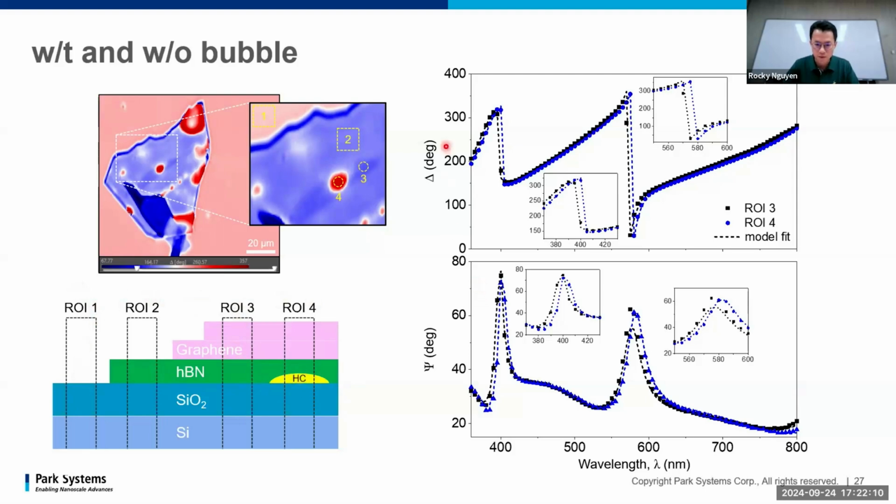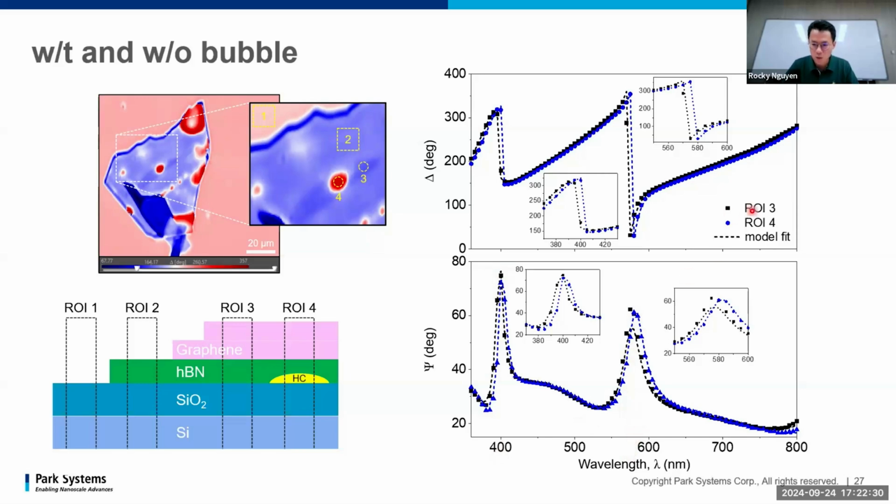On the right-hand side is the delta and psi data with respect to the wavelength from 380 to 800 nanometer. You can see there are 2 major resonance peaks at about 400 nanometer and about 570 nanometer.